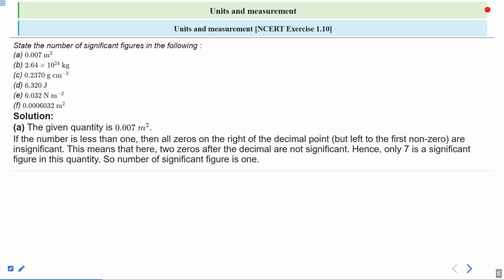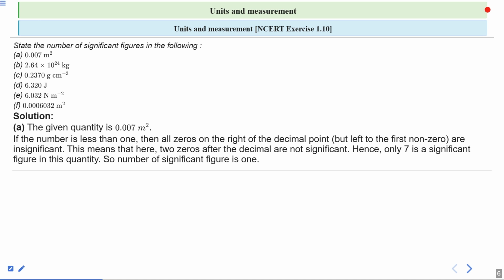Okay, the given quantity is 0.007 meter square. If the number is less than 1, then all zeros on the right of the decimal point but left to the first non-zero are insignificant. So 0.007 is less than 1.